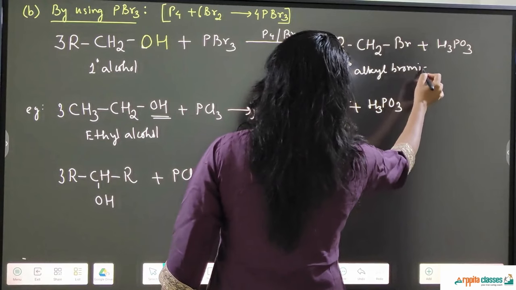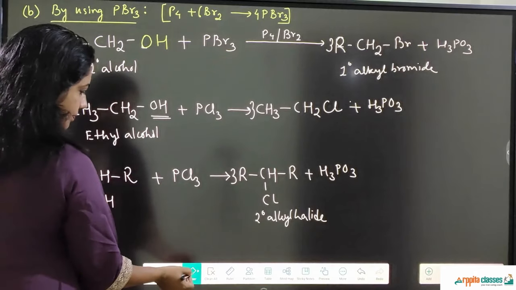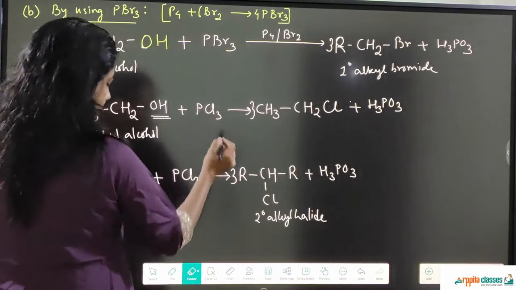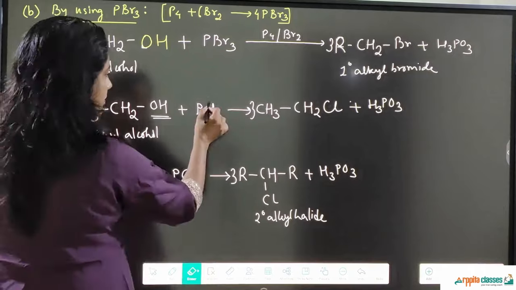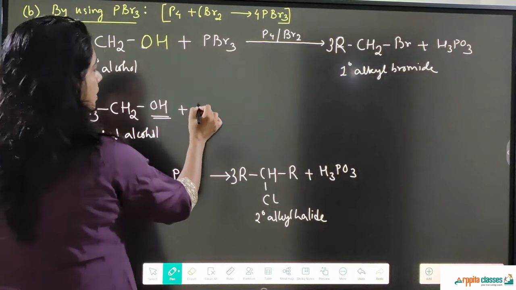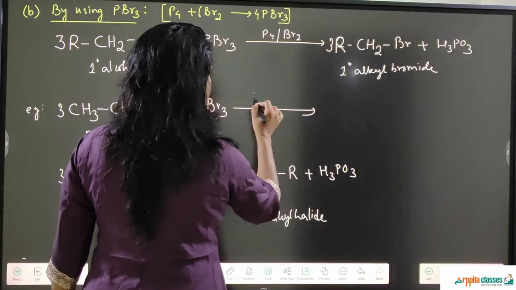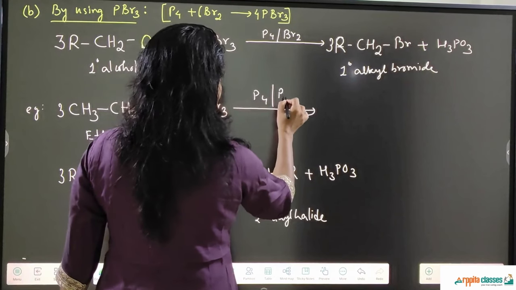1 degree alkyl bromide. So if I take a particular example, here PBr3, and this PBr3 will be coming from P4 and Br2.